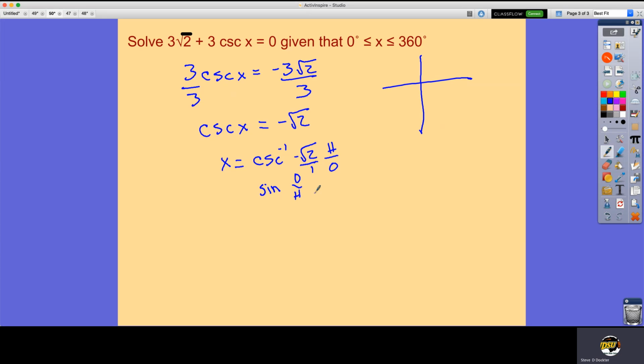5 and 7. Chase, you're up. What quadrant is this going to go into? So it says here the hypotenuse is a negative. Can we have that? No, so we're going to put our negative down here in the bottom. So where is our opposite side going to be a -1? 3 and 4, very good.